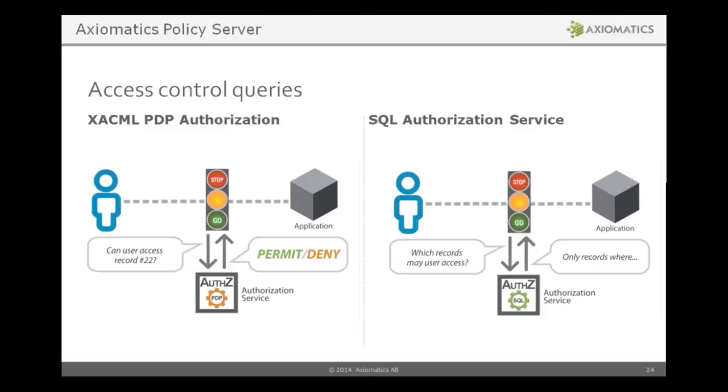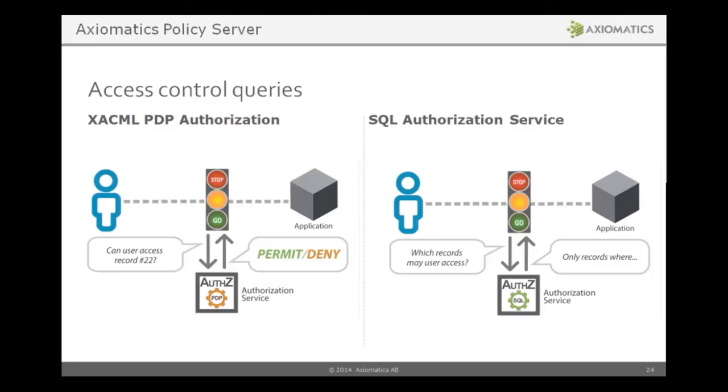Now we introduced a reverse way of asking a question. You can set a few of the attributes, and you don't know some of the attributes, and you can ask queries on how you can get permission. For example, which records the particular user may access. So in this case, you are asking the question on the records.